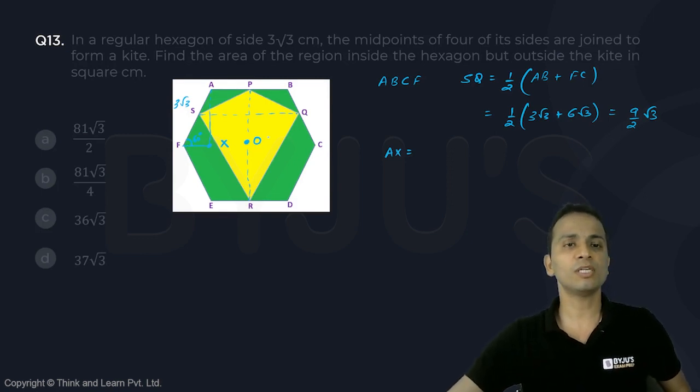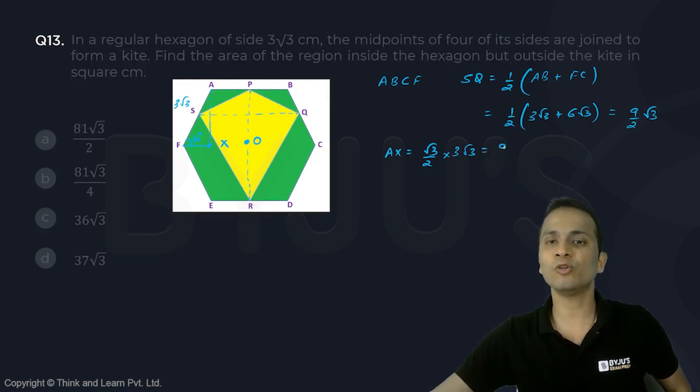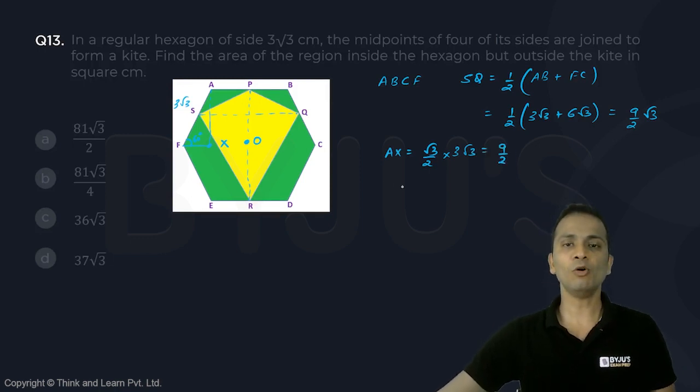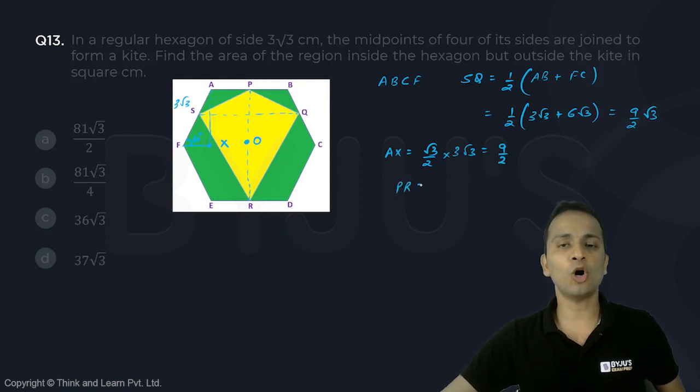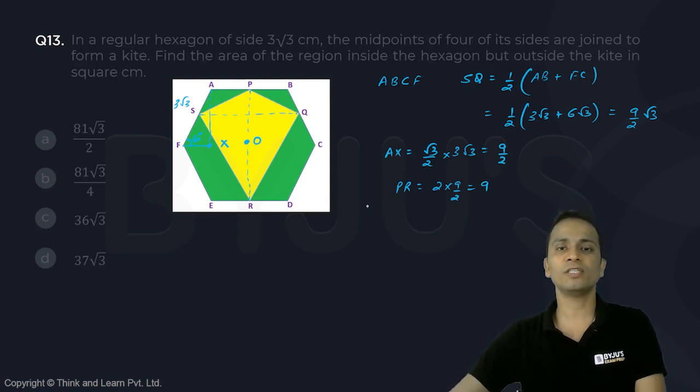So AX will be equal to root 3 upon 2 multiplied by 3 root 3, and that is equal to 9 upon 2. Now PR, the longer diagonal of the kite, will be equal to twice AX. So twice 9 upon 2 is equal to 9. So now we have obtained the length of both the diagonals of the kite.